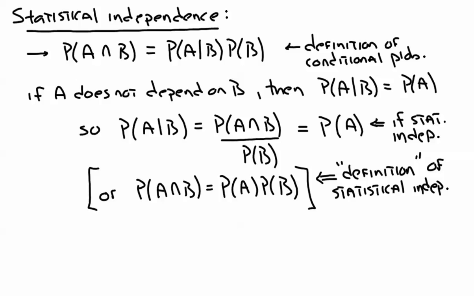By that I mean if the probability of the intersection equals the product of the marginal probabilities, then A and B are statistically independent. Let me say that again. If the probability of the intersection equals the product of marginal probabilities, then events A and B are statistically independent. All right? In general, I can expand this to any number of events.